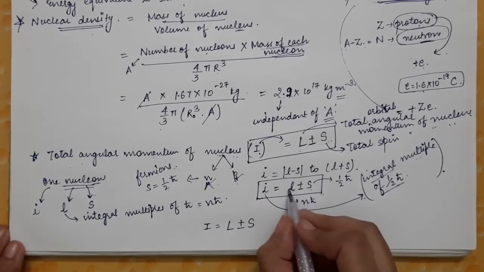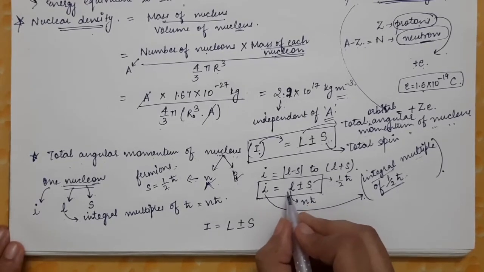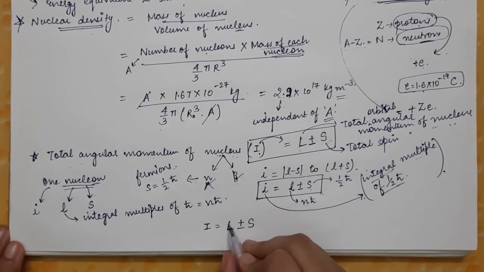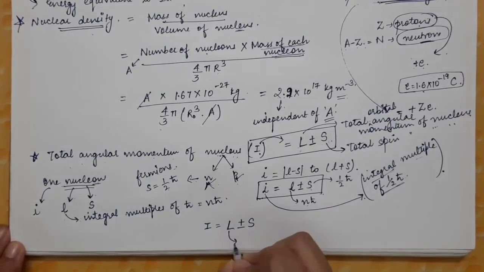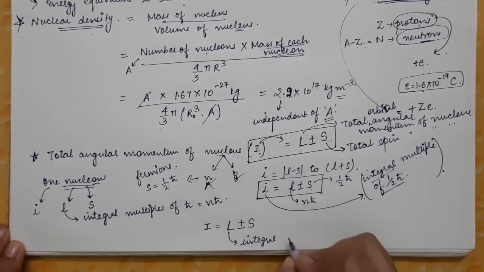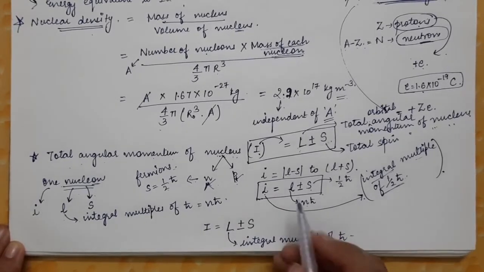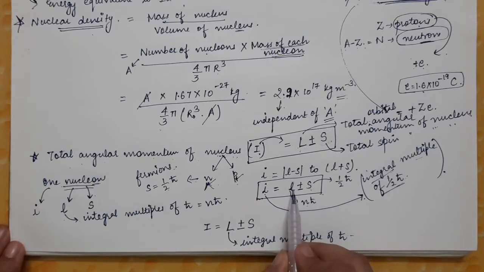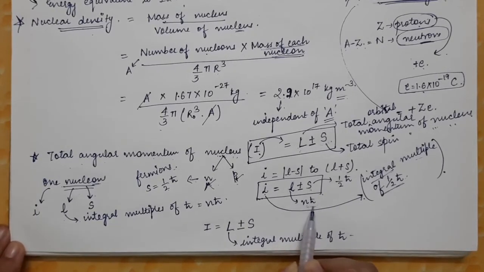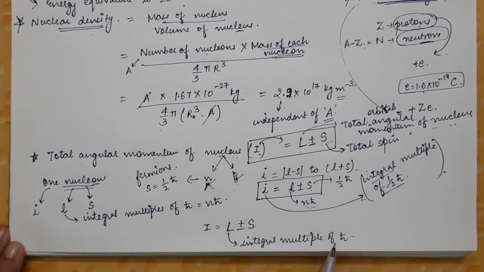So when the orbital angular momentum of all the nucleons couple with each other, they will result in capital L. So capital L will also have integral values, that is, it will also be an integral multiple of h cut, because the orbital angular momentum of every nucleon will couple with each other and there will be a resultant capital L. Since small l takes values which are integral multiples of h cut, capital L will also have values which are integral multiples of h cut.